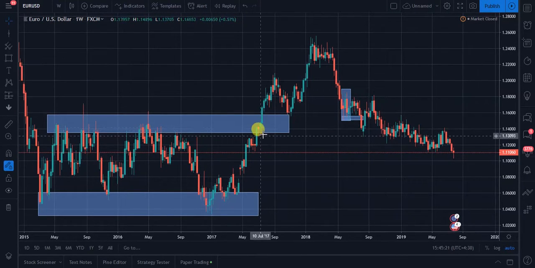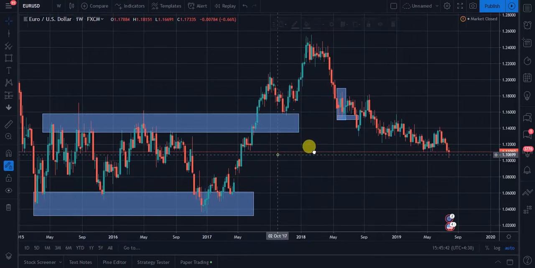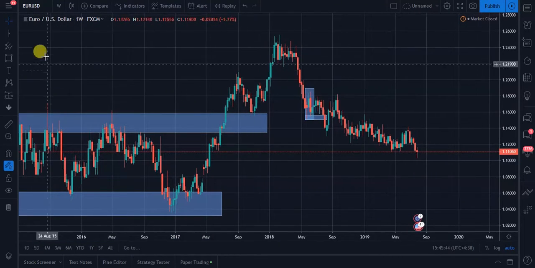As I said, here we have resistance, and in the future the resistance turns to support, checking that level, and here we hope for buyers. This is the area in the weekly time frame.